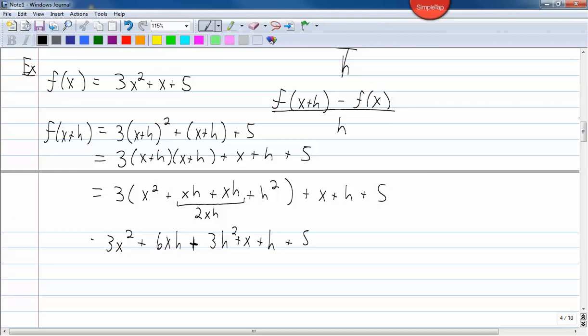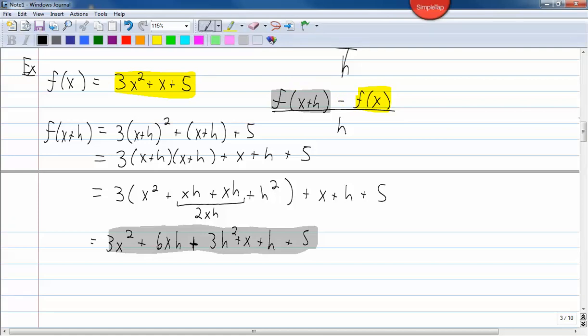Alright, so you can see if you have a quadratic, finding f of x plus h takes a little while, because you have to plug in an x plus h in parentheses for every x. So now, let's take what we found for f of x plus h, all this right here, and let's plug it in right here in my formula. Then I'm going to take f of x and I'm going to plug it in parentheses right here with a minus in front.